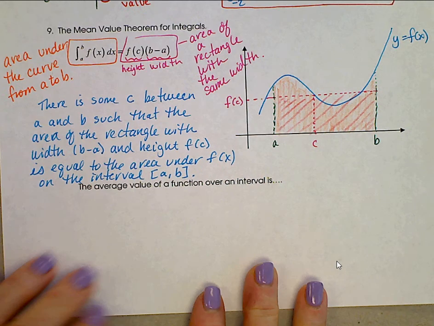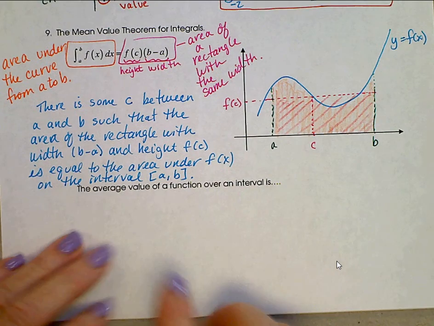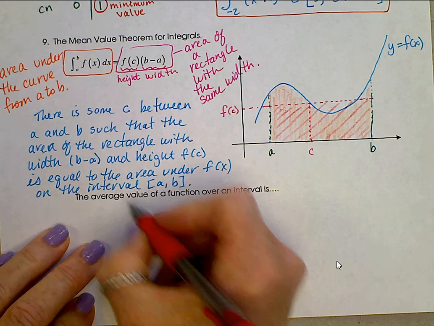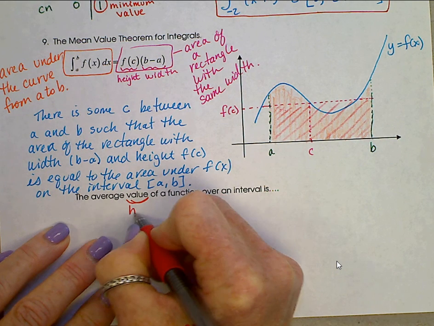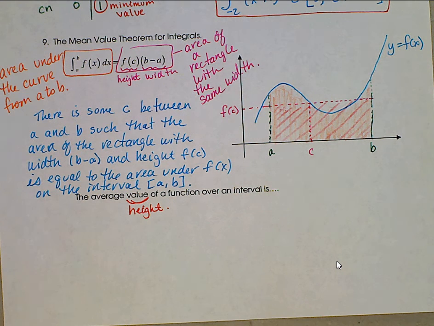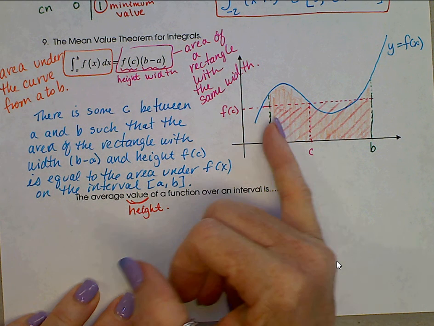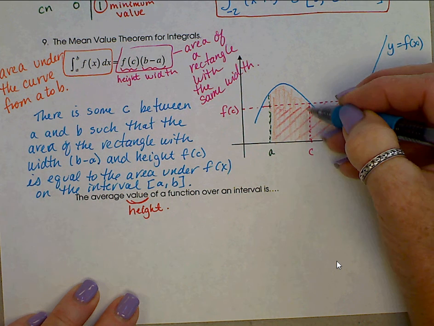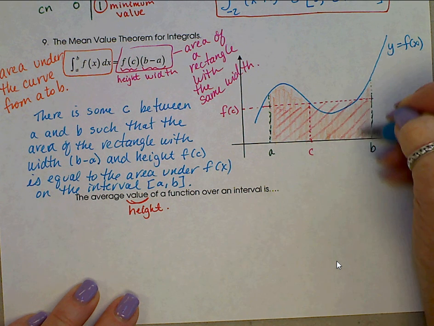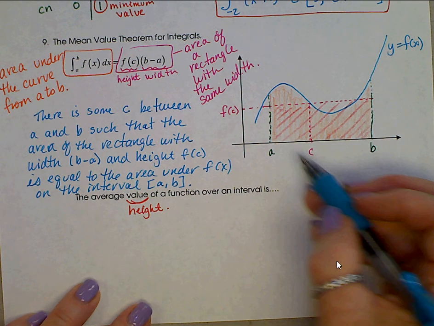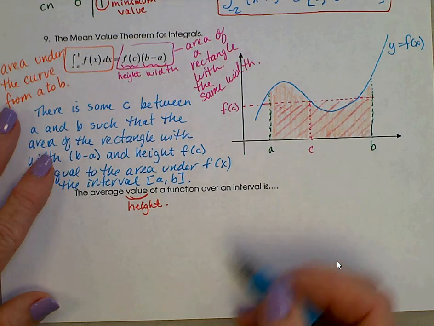All right, and an extension of this talks about the average value of a function over an interval. Average value, value here meaning height. Normally we think of finding the average by adding up a bunch of things and then dividing by however many there are. And if you look at this picture here, how many heights are there in this interval from a to b? Well, there's an infinite number of heights, so we can't possibly add them all up and then divide by an infinite number.